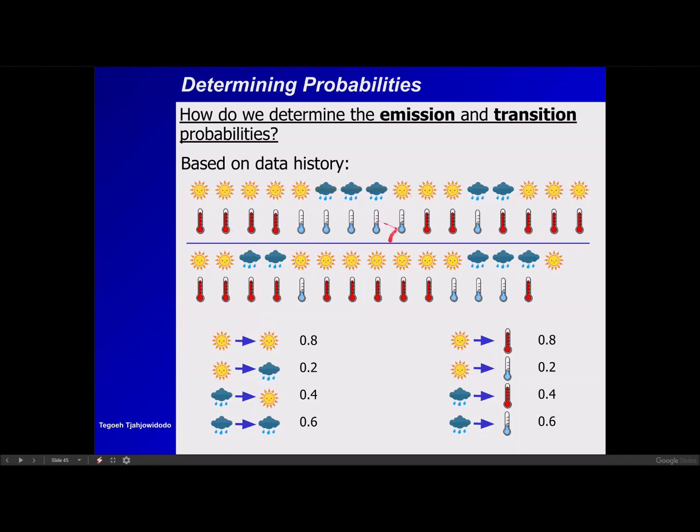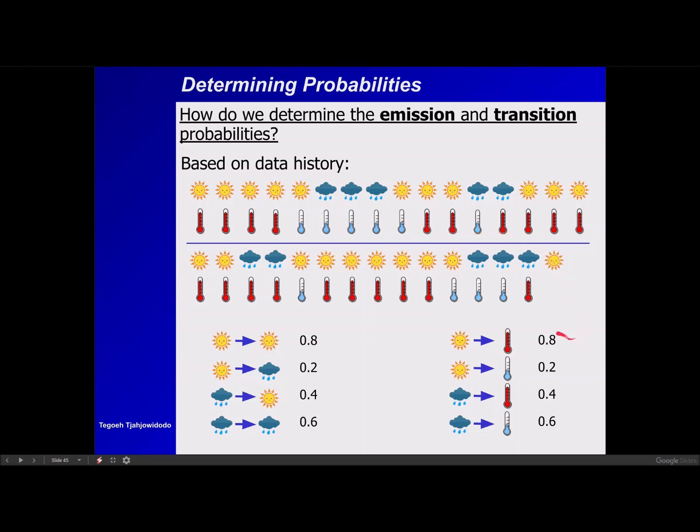Based on these sequences, you can also find the emission probability. So from all of this data, you calculate how many sunny days give a warm temperature. We have 1, 2, 3, 4, not this one, 5, up to 16, so 16 out of 20 sunny days.